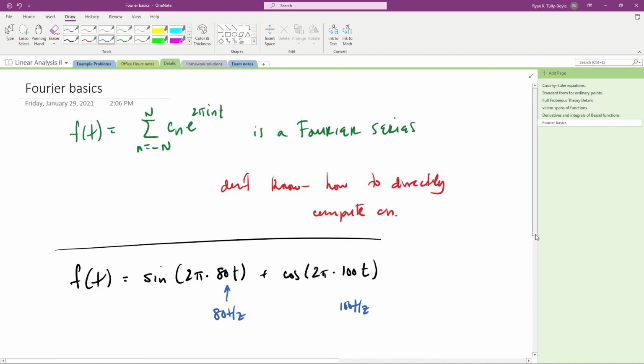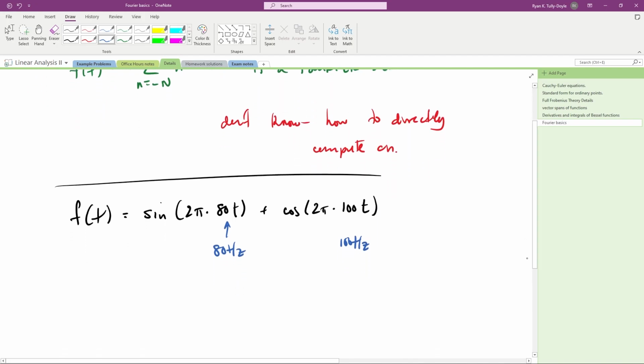So if you wanted to write a Fourier series for that function, the easiest way to do it is actually to replace the sine and cosine with their definitions in terms of the complex exponentials.